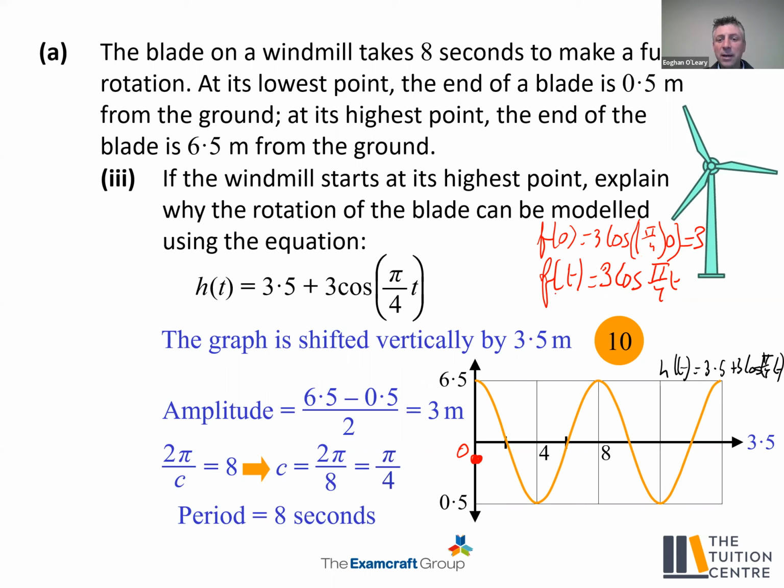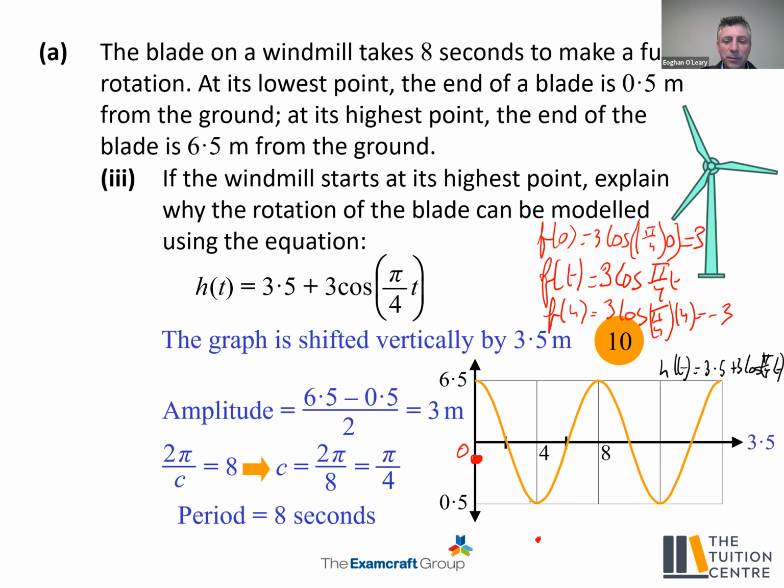And then if you had f of 4, so when t would be 4, you get 3 times cos pi over 4 times 4. Pi over 4 times 4 would be pi. The cos of pi would be minus 1. 3 times minus 1 would be minus 3. So you'll be down here.